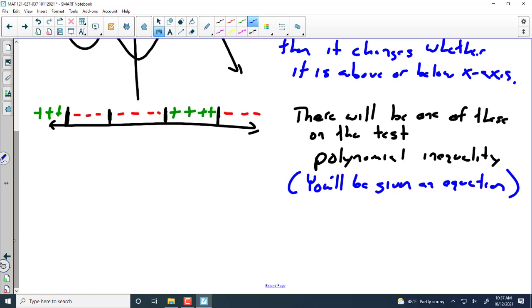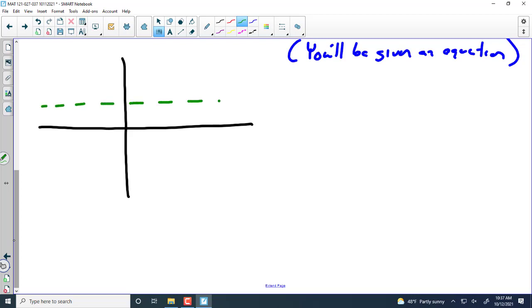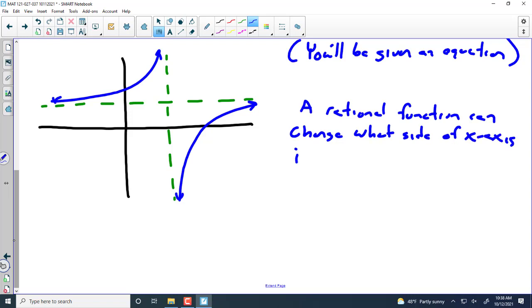The other type we looked at, at the very end of class, was a rational function. And what was interesting about a rational function is that it can change what side of the x-axis it is on at an x-intercept or a vertical asymptote.